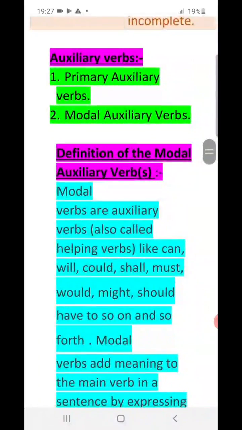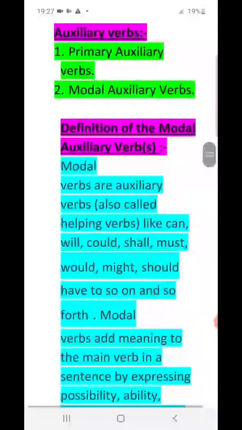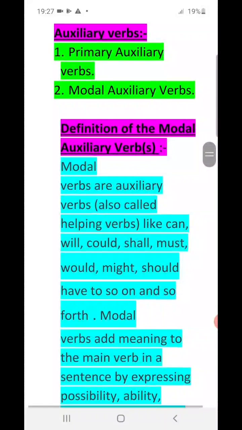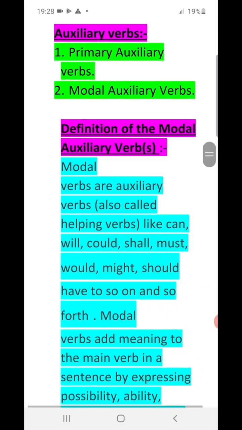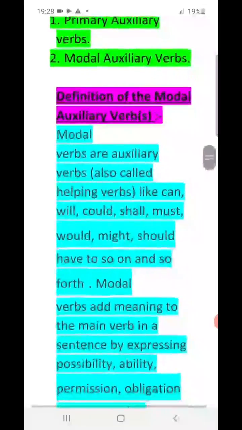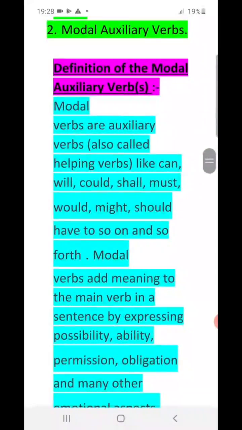Now, we are not concerned about the primary auxiliary verbs over here. Rather, our concern is with the second one, means modal auxiliary verbs. So let us look at the definition of the modal auxiliary verbs.